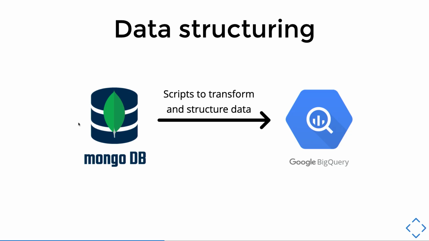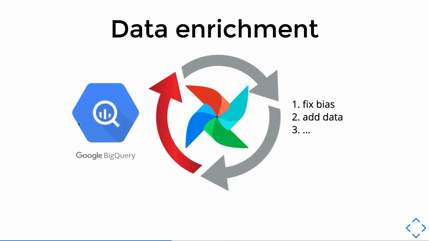Then we have the data structuring step, which will transform the data and structure it to set it in a BigQuery. After that, we have an Airflow process to enrich the data, so fix the bias we can find, add some data like location, add more data on shoppers, on brands, and so on, and do other stuff.